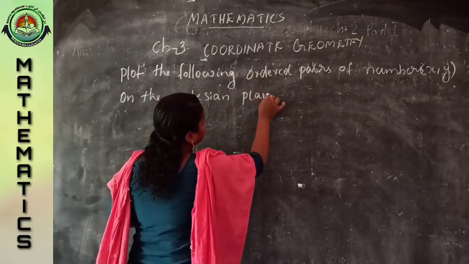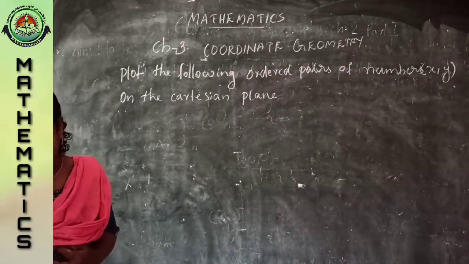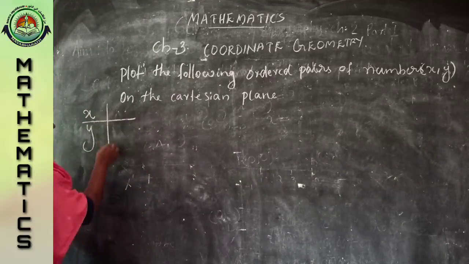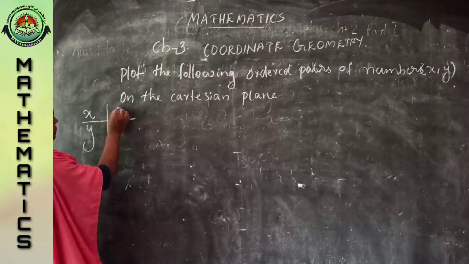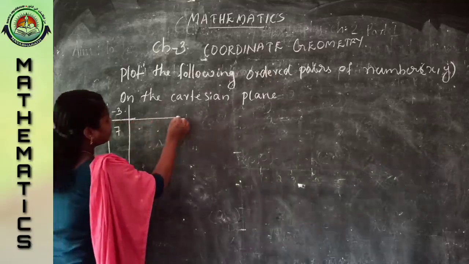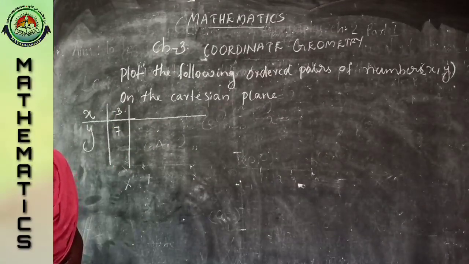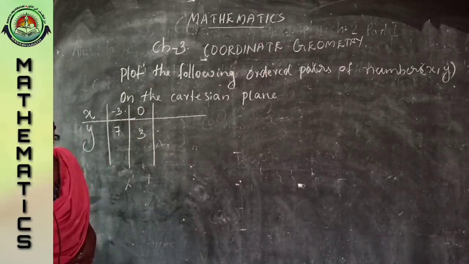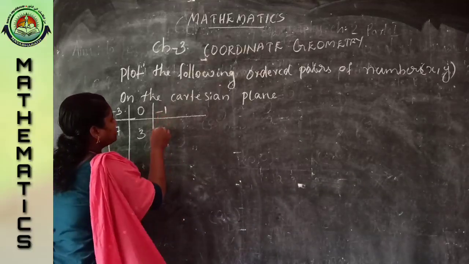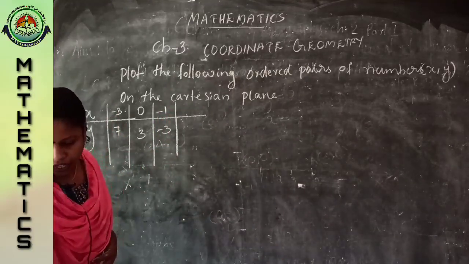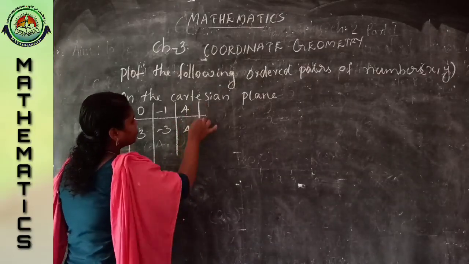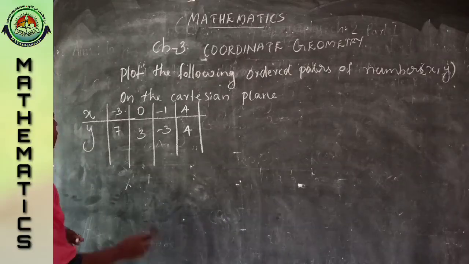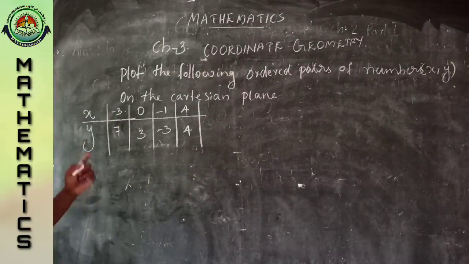The x, y values are given: negative 3, 7; 0, 3; negative 1, negative 3; and 4, 4. These are the points, and we need to plot them on the Cartesian plane.